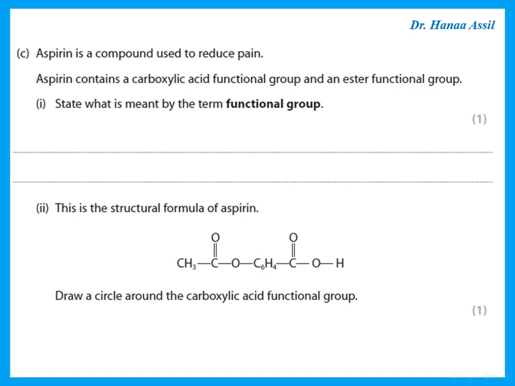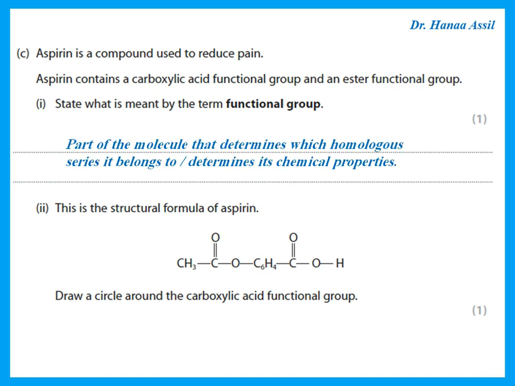How do I know if a compound belongs to a specific homologous series? If I see something specific that identifies it. So you should realize that the functional group is the part of the molecule that determines which homologous series it belongs to. So for example, the question on alkane, we said I know it's an alkane if it has single bonds between the carbons. So the single bonds between the carbon is the functional group.